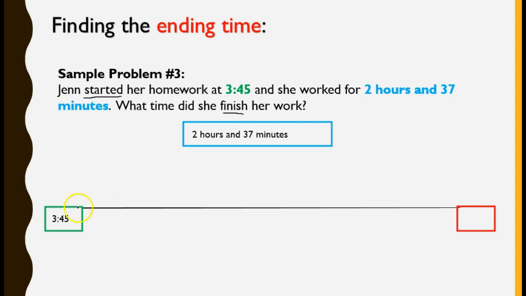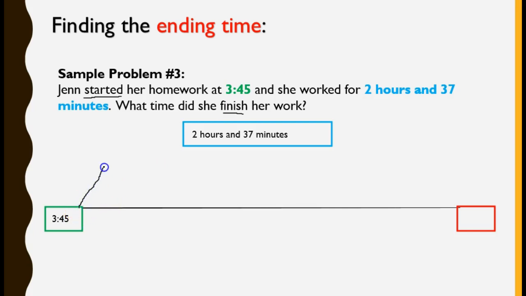So this time I'm going to start at the beginning. And I'm going to work my way down the timeline for 2 hours and 37 minutes until I find the end time. Okay, so how many mountains am I going to need for this one? 2 mountains.